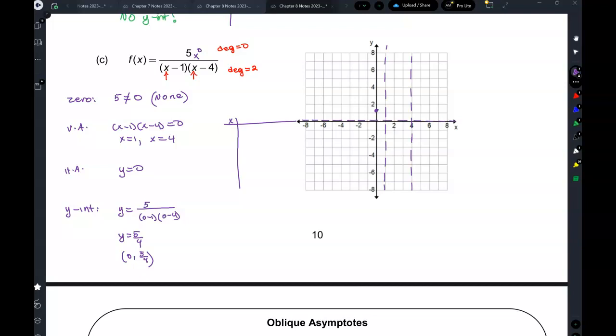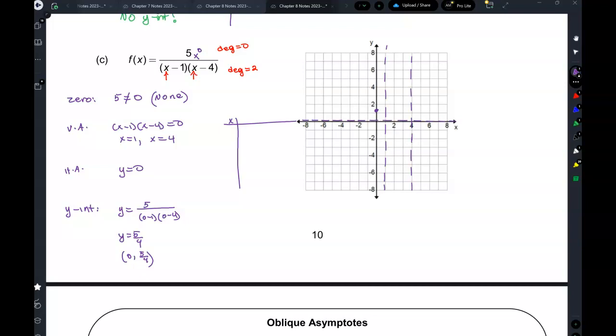This already gave me an idea of how this looks. If I have a point above the horizontal asymptote to the left, I know that this entire arm is going to be above the asymptote because it can never cross the x-axis. So let's plug in some points.